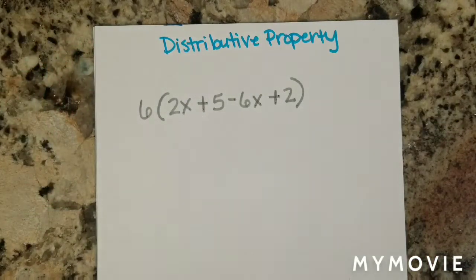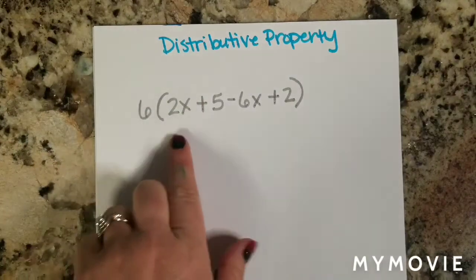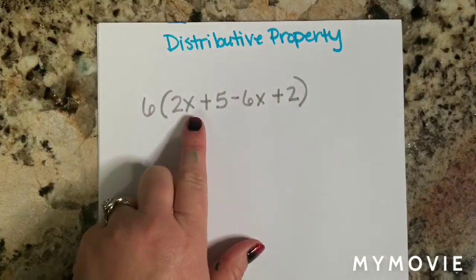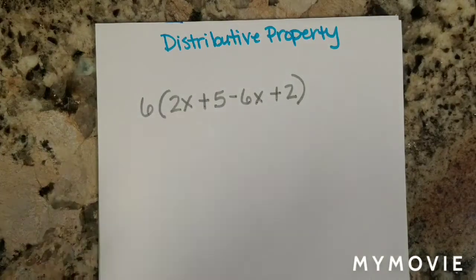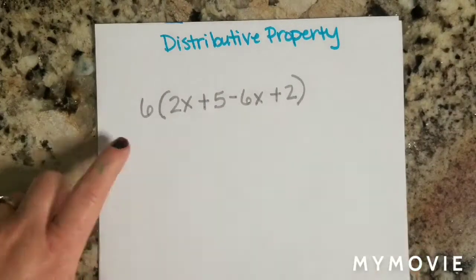So this says 6 times the group, 2x plus 5 minus 6x plus 2. We don't know what x stands for, so therefore we can't just combine these.